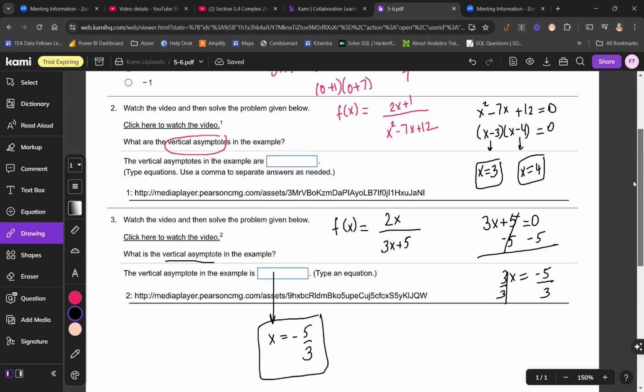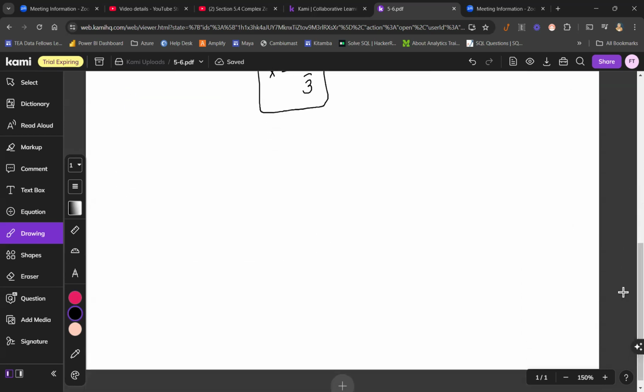Therefore, I want to again teach here one more time the horizontal asymptote rules. There are 3 rules.